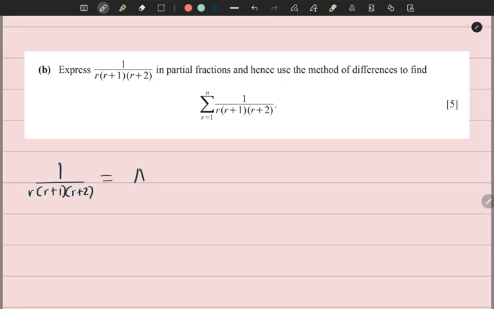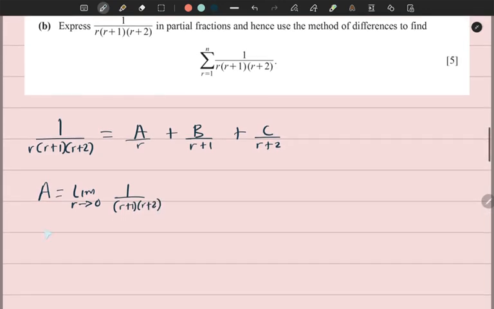So this can be written as A over r plus B over r plus 1, then plus C over r plus 2. We can use the cover-up method to find the values of the arbitrary constants. For A, we make use of the limit as r tends to 0, then 1 over (r plus 1)(r plus 2).